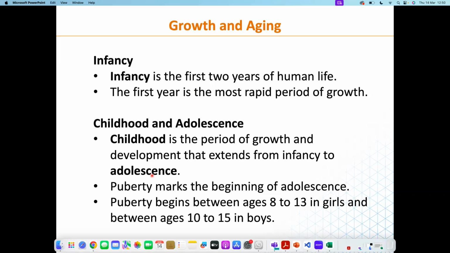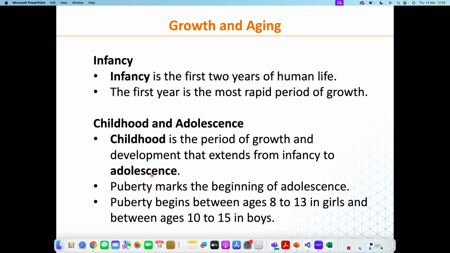If the nutrient intake is not enough, the child will be malnourished. Malnourishment makes the child look miserable while growing, and it could lead to kwashiorkor and different diseases.